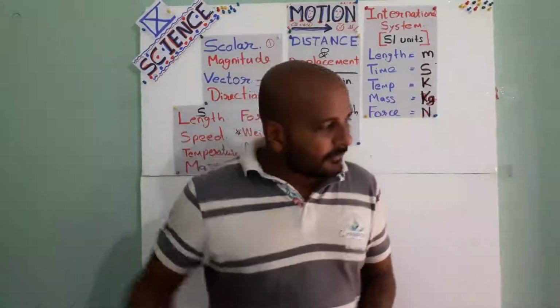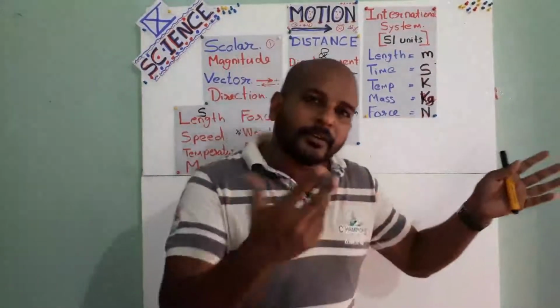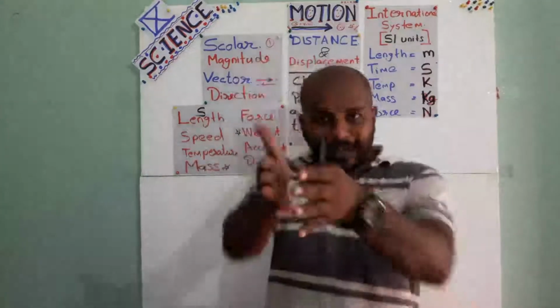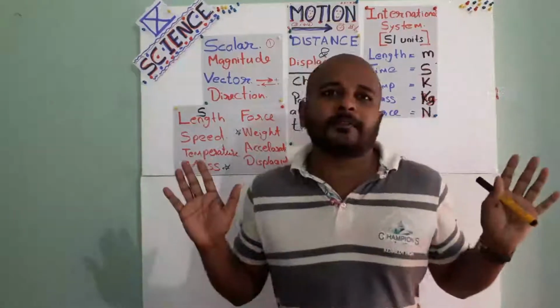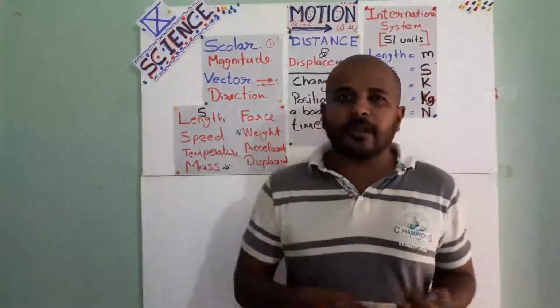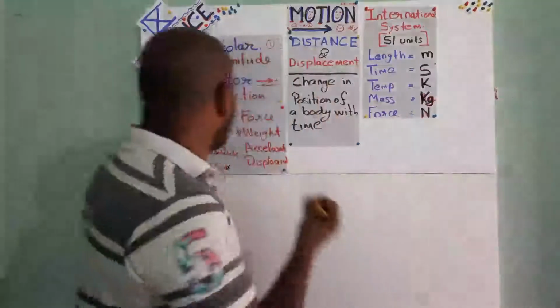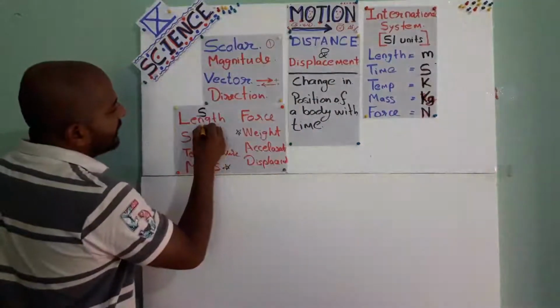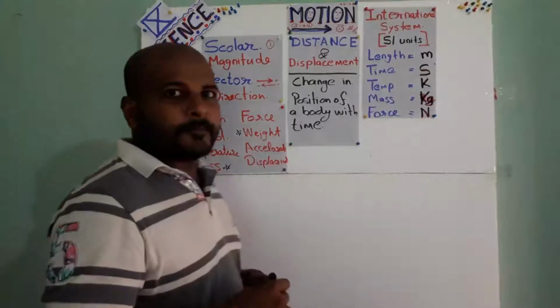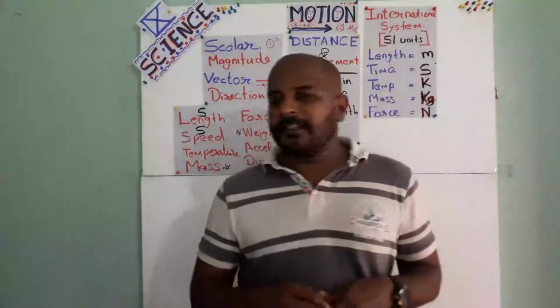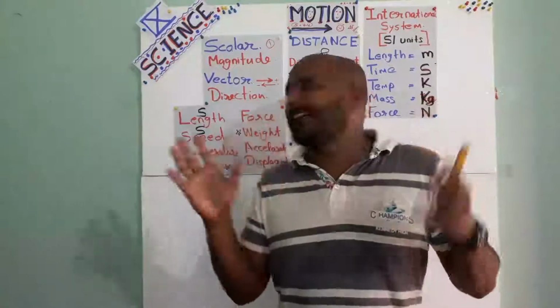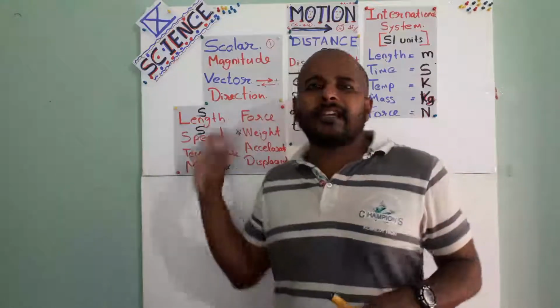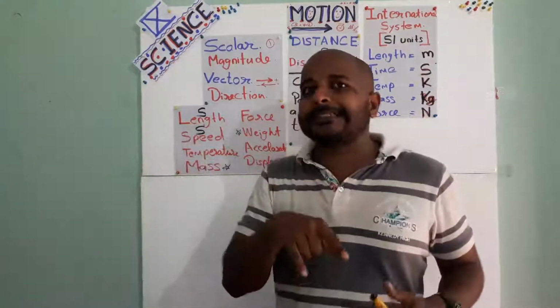If you are traveling in the east direction, it is 100 kilometers per hour. If you are traveling in the south direction, then also it will be 100 kilometers per hour. So speed is also a scalar quantity. It's a simple thing, because direction does not change anything regarding a scalar quantity. That's why it is called a scalar quantity.